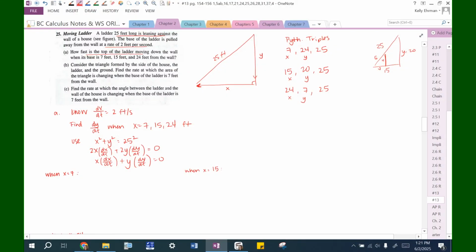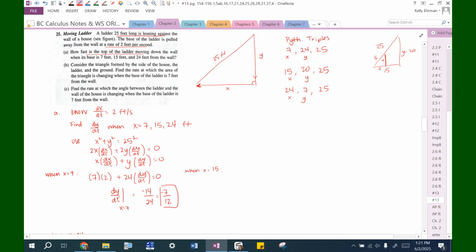So when x is 7, we have 7 times dx/dt, which we were given to be 2, plus y is 24 when x is 7. Don't know dy/dt. Solve for dy/dt. dy/dt when x equals 7 is equal to negative 14 over 24. Of course, you can simplify that to negative 7/12. Not required, but when it's easy like that, I like to do it.